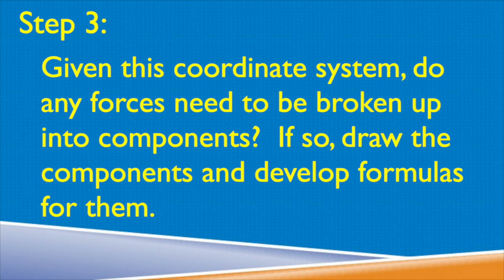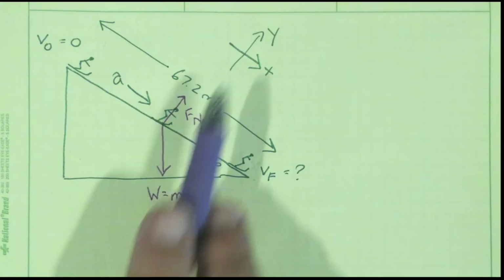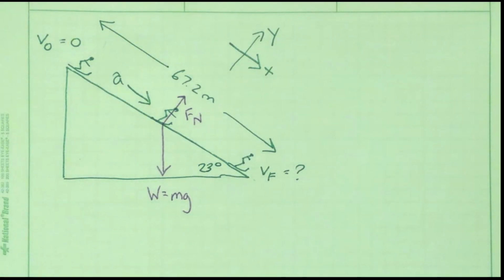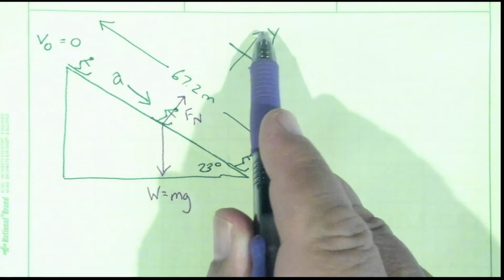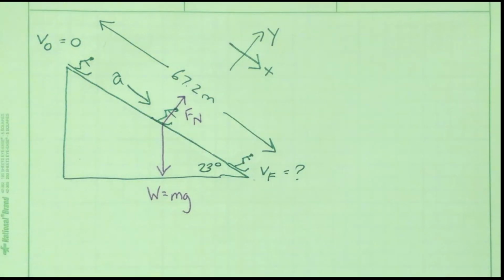The next step in our problem-solving process is to ask ourselves, do any forces need to be broken up into components? If so, draw those components and write out formulas for those components. Well, with this definition of X and Y, we don't need to break up the normal force because it is purely in the Y direction.